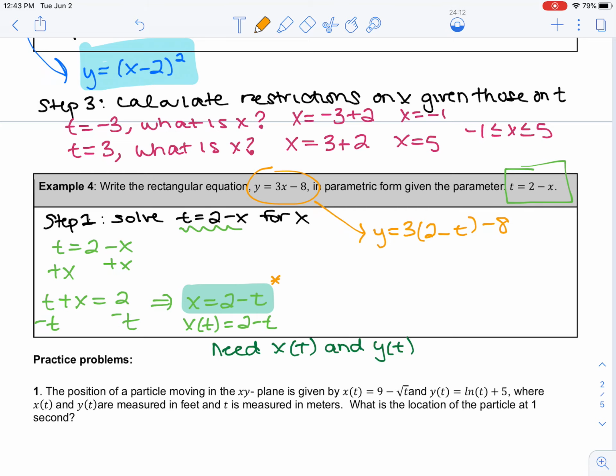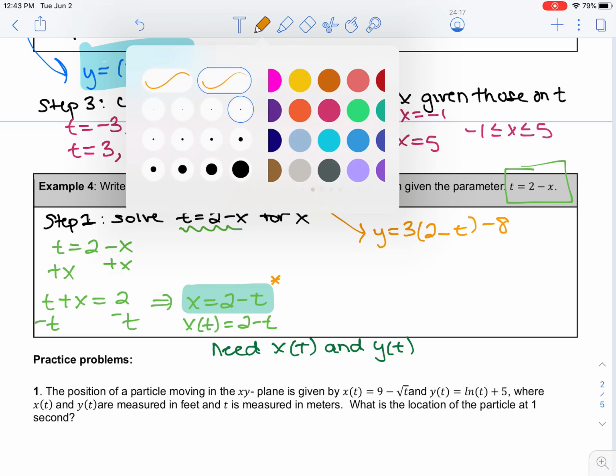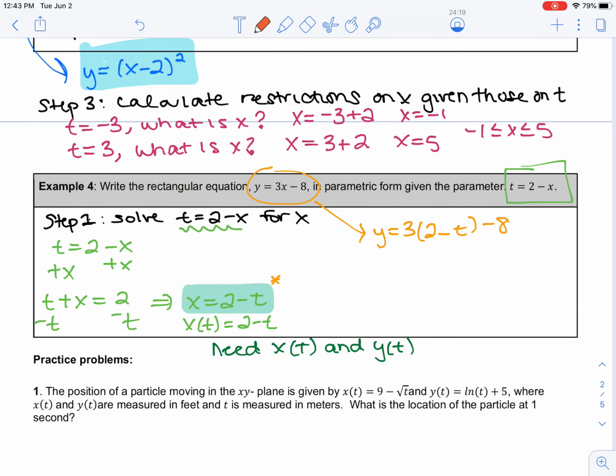So we could leave it in this form, but there's some easy, straightforward simplifying that can be done that I think is worthwhile just because it makes things look a little bit nicer, right? We can distribute our 3 through and find that y is equal to 6 minus 3t minus 8, which will give us that y of t, our function of y in terms of t, is equal to negative 3t minus 2, where all we've done is combine in that last step the 6 and the negative 8.